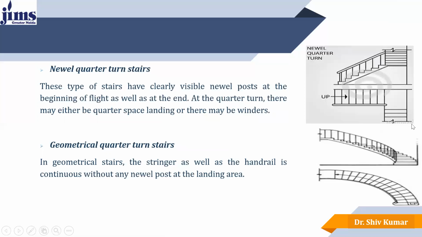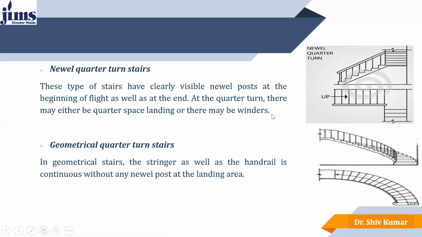So here we can see in the image the landing. In the first image, in the middle of this figure, you can see the landing and here the flight. These types of stairs have clearly visible newel posts at the beginning of the flight as well as at the end of the flight.